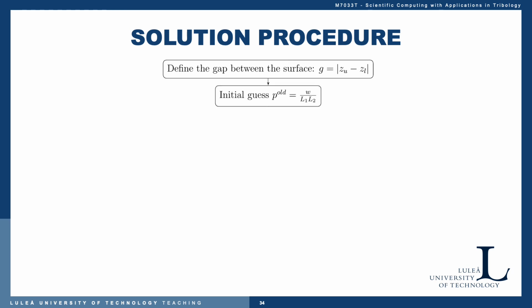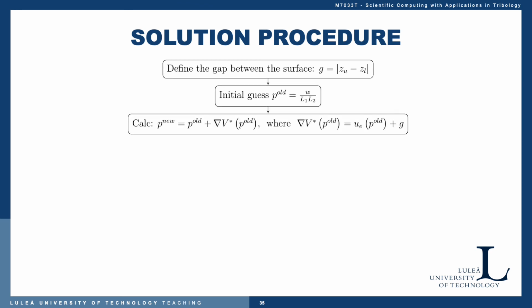And then we have an initial guess of our pressure, and we take this as a uniform initial guess, meaning that we average the load over the nominal contact area, and if it's in dimensionless form, it's just this number. And then we calculate a new pressure by adding to the old one the gradient of our total complementary potential energy evaluated at the old pressure.